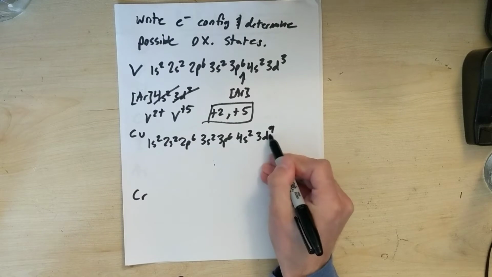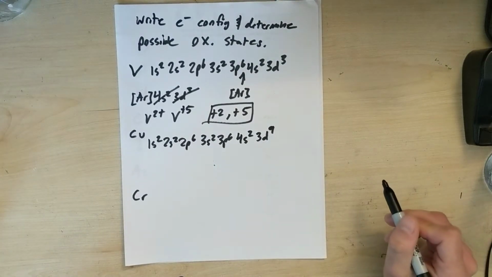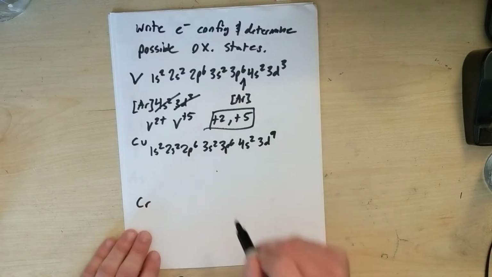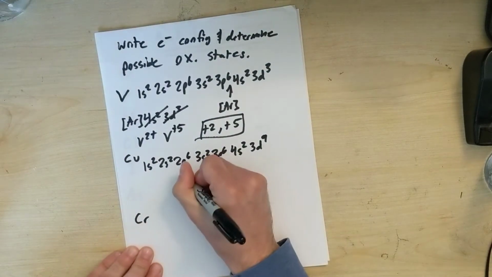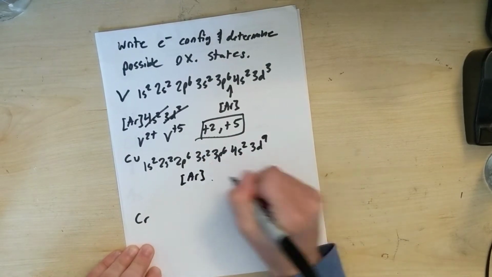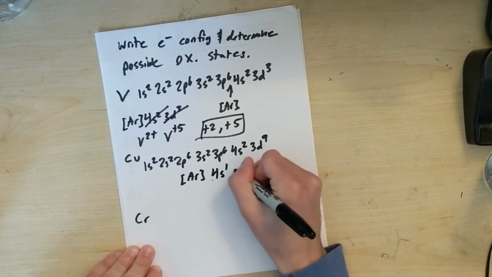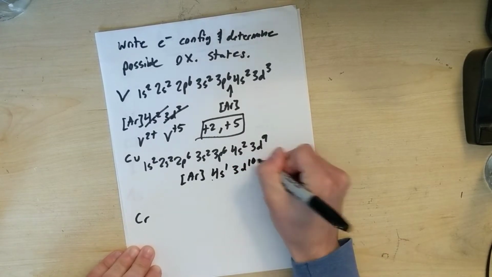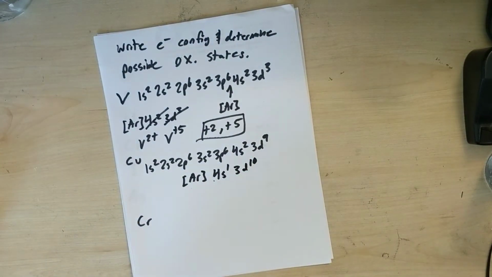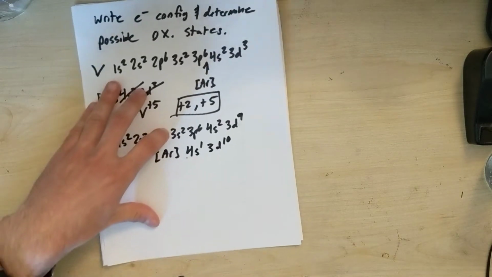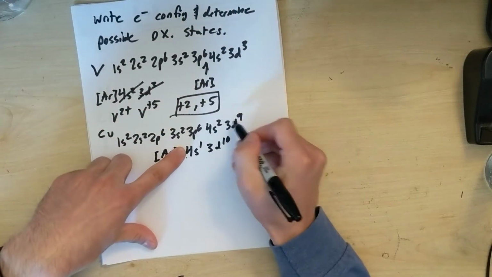It doesn't stably exist when it's that close to being full. So what normally happens, and I'm just going to switch to the abbreviated form, so don't be alarmed. So what actually happens is we end up with a 4s1 and 3d10, because this is more stable. Okay? So this is more stable than having 4s2 and 3d9.